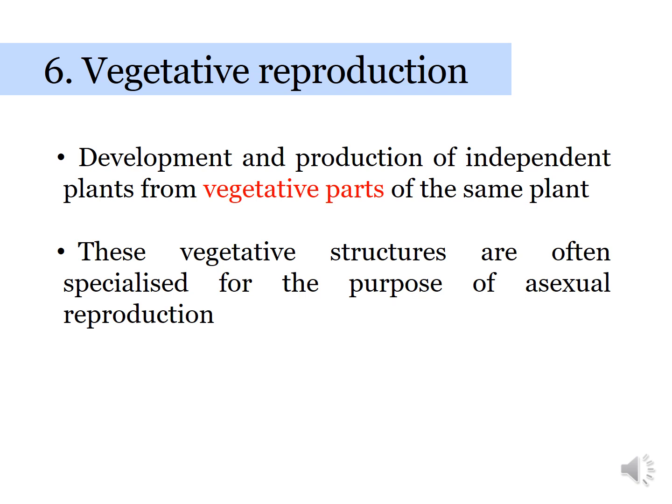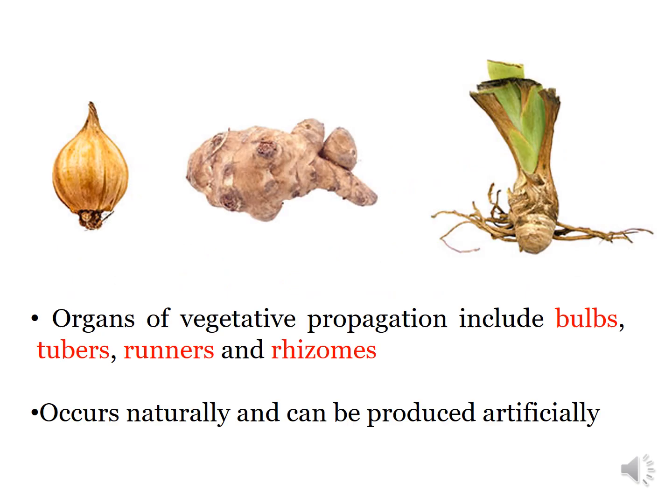The unique part here is the vegetative structures, which are specialized for the purpose of asexual reproduction. Some examples of organs for vegetative propagation are bulbs, tubers, runners, and rhizomes.